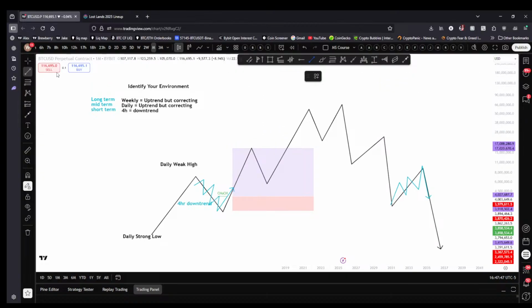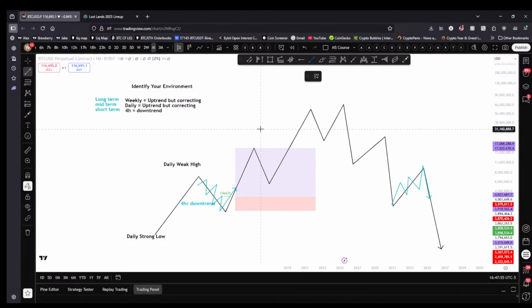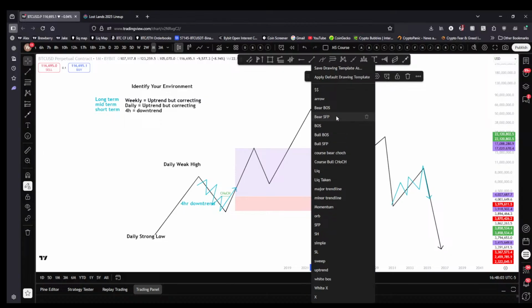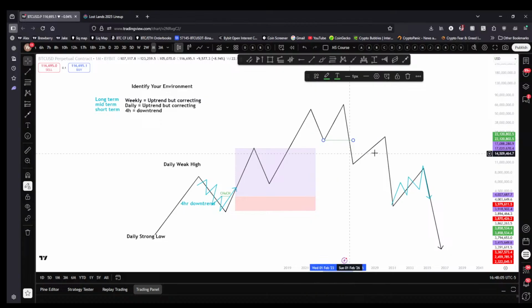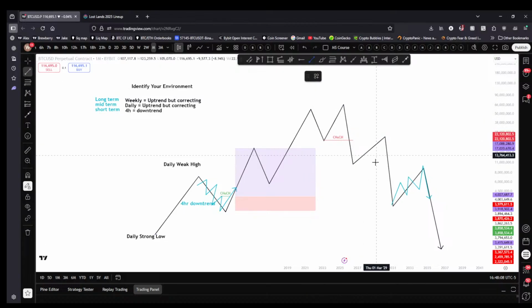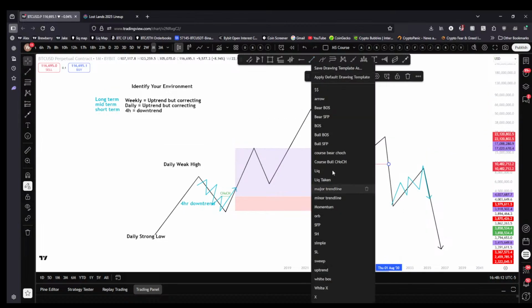If that makes sense. But there are other aspects of smart money concepts besides just higher highs and lower lows and structure breaks that we're going to go over now. But just to make sure that everybody understands where we're at, right? So this would be your external bearish change of character. This would be your external bearish break of structure.